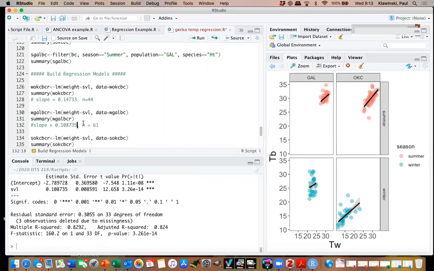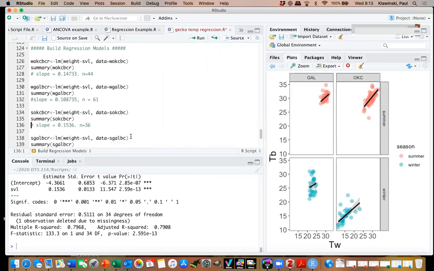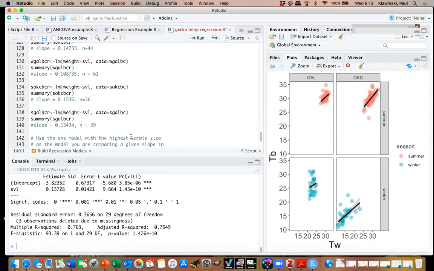I have 44 geckos in Oklahoma City and 61 geckos in Galveston. I'll do the same with Summer Oklahoma City, which shouldn't change because there's only one species there, and Summer Galveston, which will change because there are two species there, although I didn't change it by much.